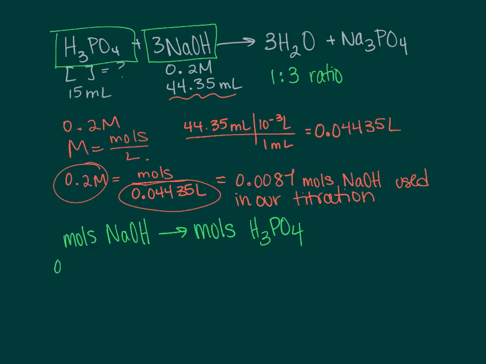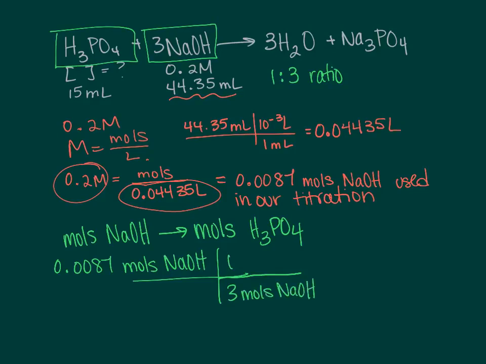So if we had 0.0087 moles of NaOH, we can use that mole ratio. So for every 3 moles of NaOH, 1 mole phosphoric acid. So we have 0.0029 moles phosphoric acid. So we must have had that amount of moles in the starting solution in the flask.